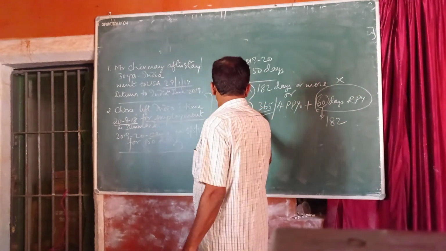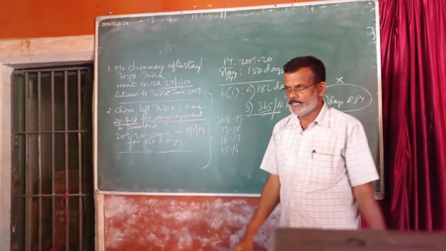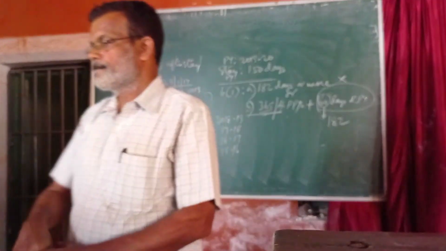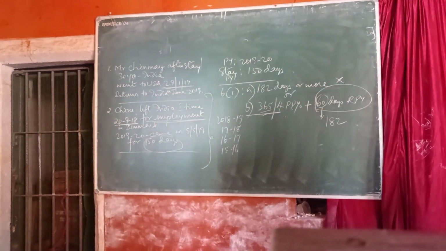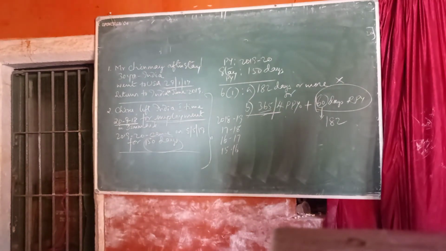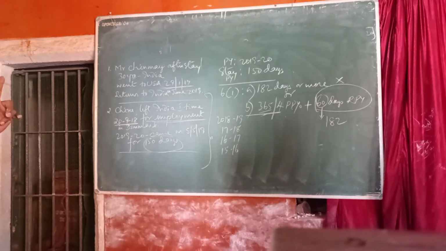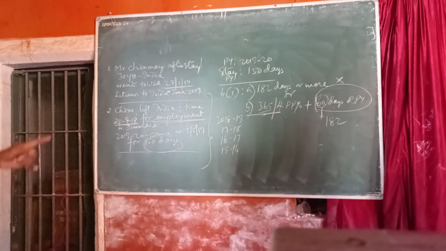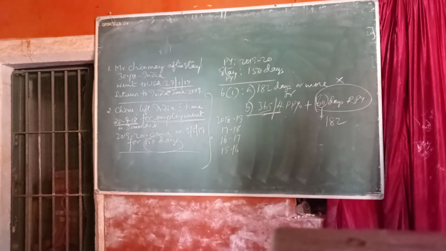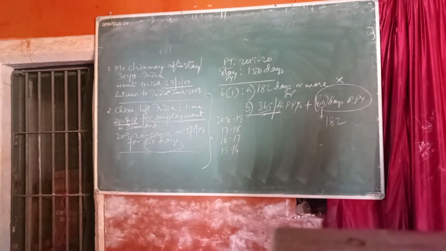So, in B condition, that is 365 days in 4 preceding previous years and 182 days in the relevant previous year is also not satisfied by Mr. Chiru. If an individual leaves India for employment purpose, then instead of 60 days, we have to consider 182 days in condition B. Though he resides in India for 365 days in 4 preceding previous years, he has not been in India for 182 days.